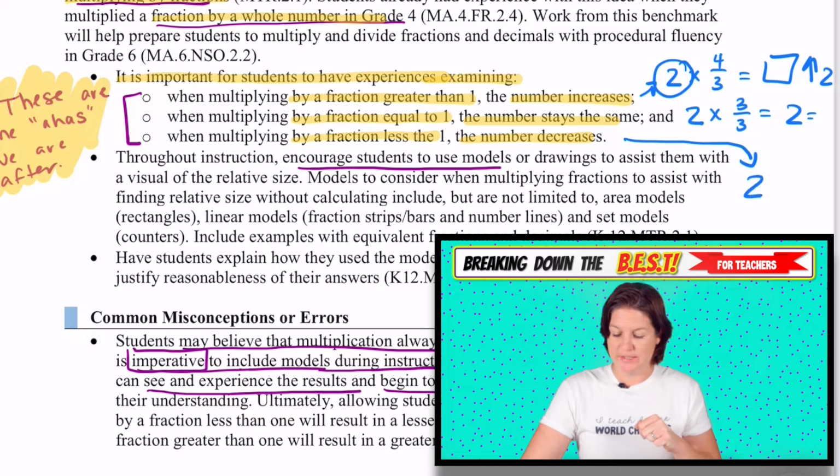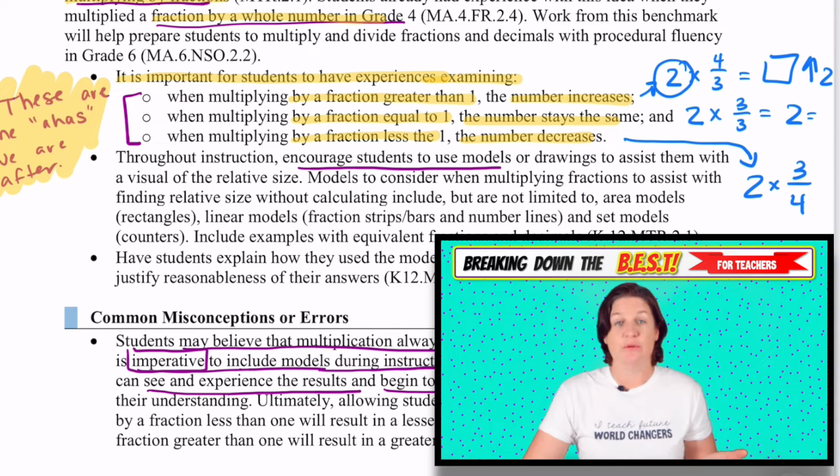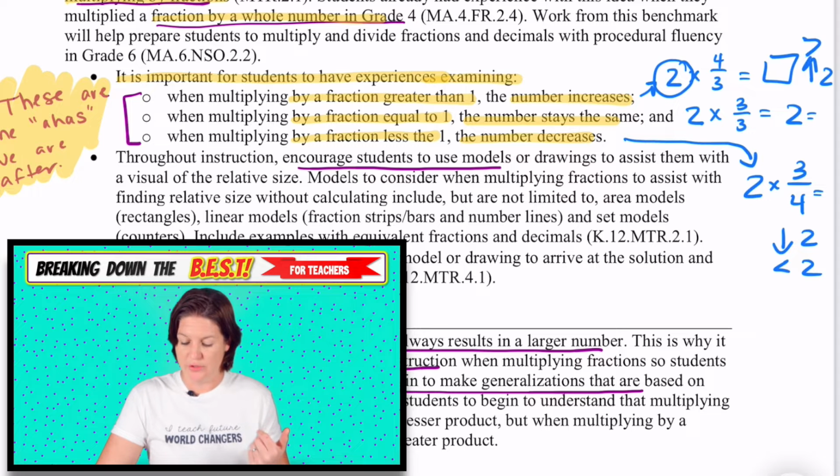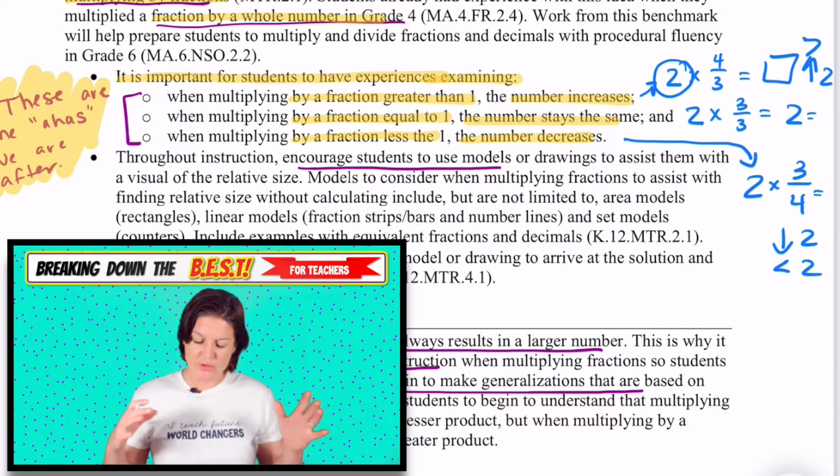And then if we were to take that same number 2 and multiply it by a fraction less than 1, like 3/4, our product, our answer, is going to be less than 2. Okay? So that's what's happening.